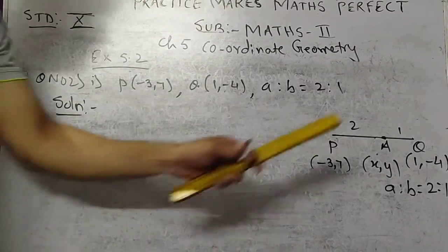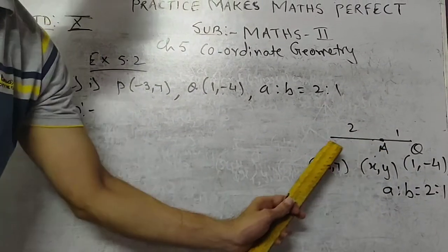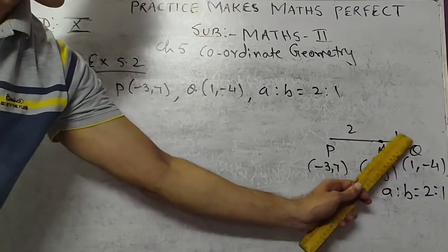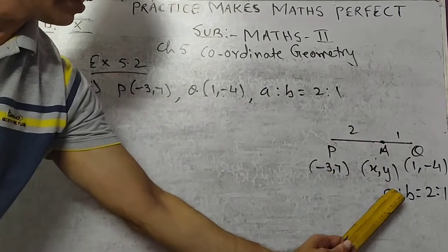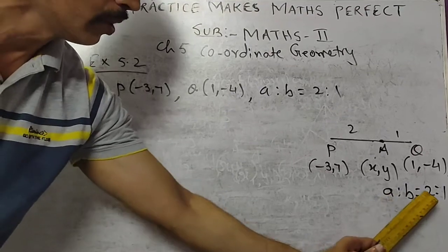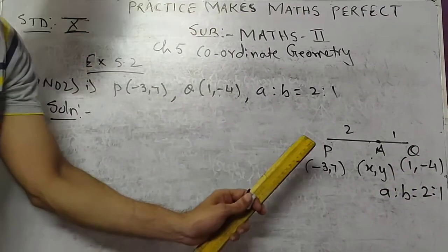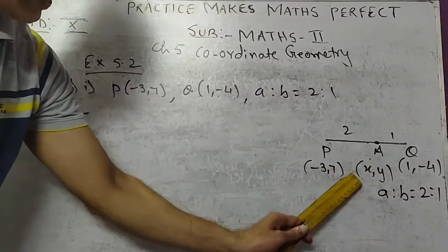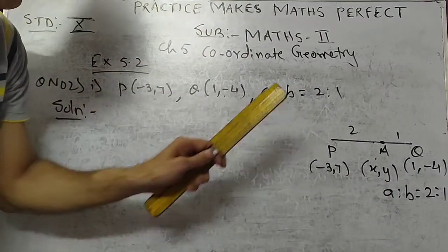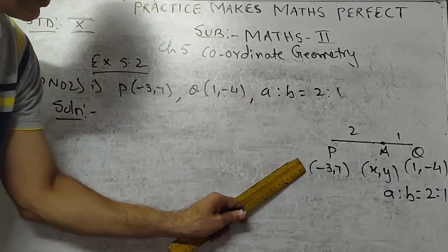Now here point A divides line segment PQ in ratio 2:1. 2:1 means a ratio b is given 2:1. Value of a will be 2, b will be 1. Okay, you have to find the coordinate of A, that is x comma y. P coordinate is -3, 7.